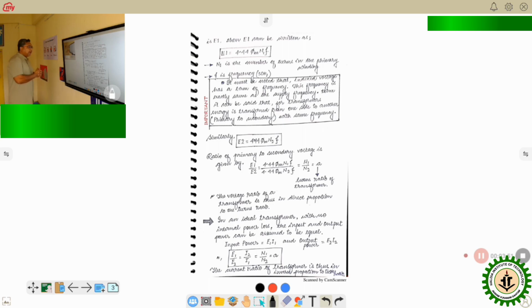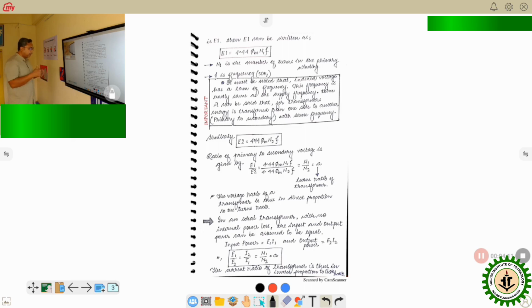Now, for an ideal transformer with no internal loss, we can write E1 I1 signifying input power and E2 I2 signifying output power. These two terms can be made equal. So input power is equal to output power.